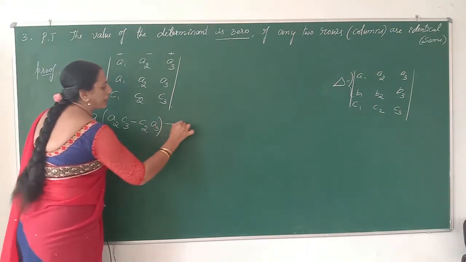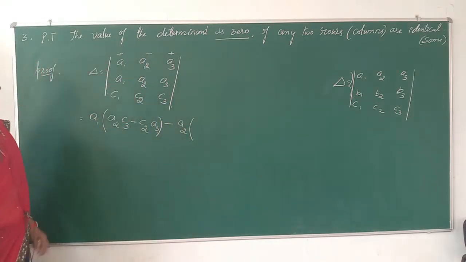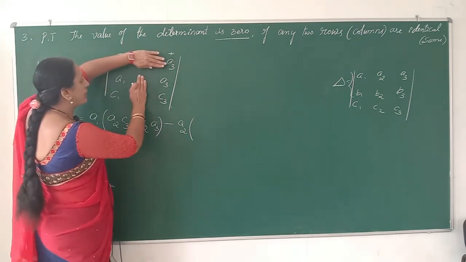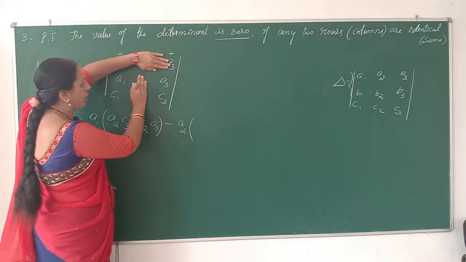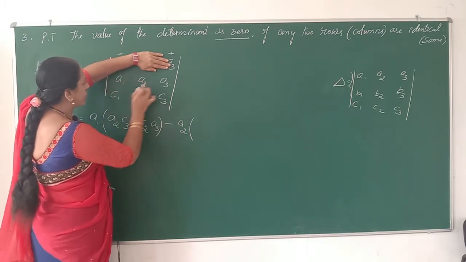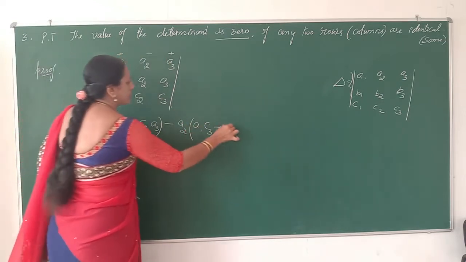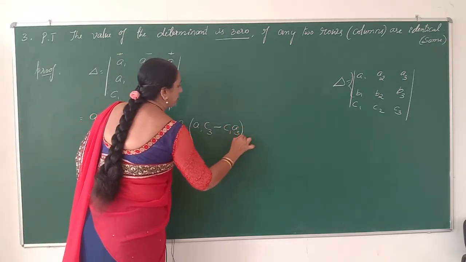Similarly, the second element is A2. A2 is multiplied with minus, that is minus A2. A2 is an element of first row and second column, and these are neglected, and the remaining are cross multiplied: A1 C3 minus C1 A3.